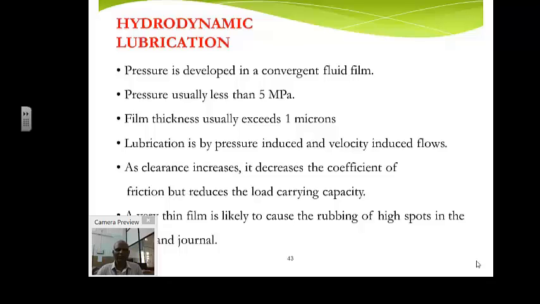And we know that as the clearance increases, the coefficient of friction decreases because of the higher film thickness, but it reduces the load carrying capacity. A very thin film is likely to cause the rubbing of high spots on the surface of the journal as well as the sleeve.